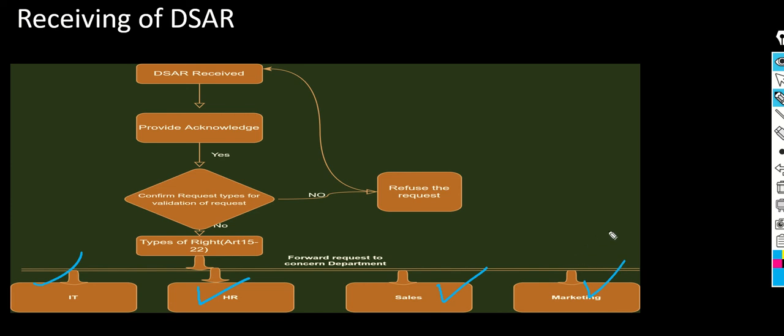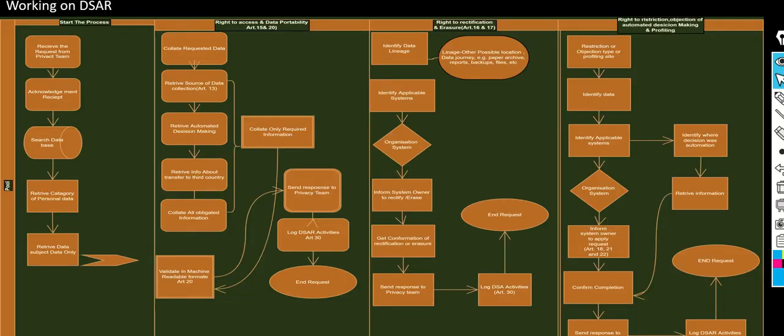There may be multiple departments where data has been collected. So based upon the request, we will forward it to the concerned department, noting that the user wants to use their rights related to access, related to erasure, and so on.